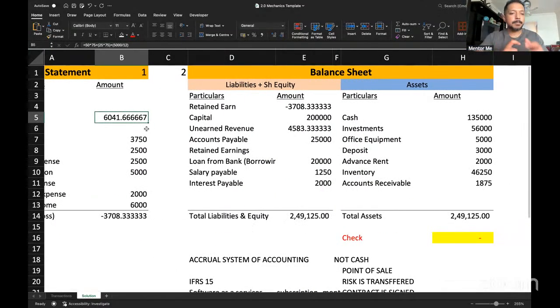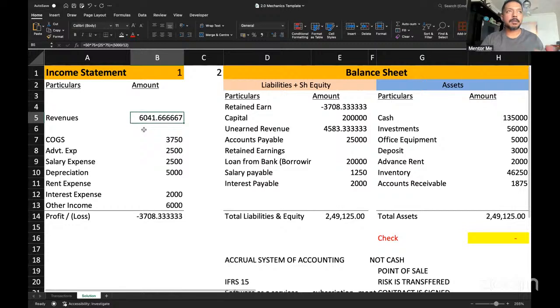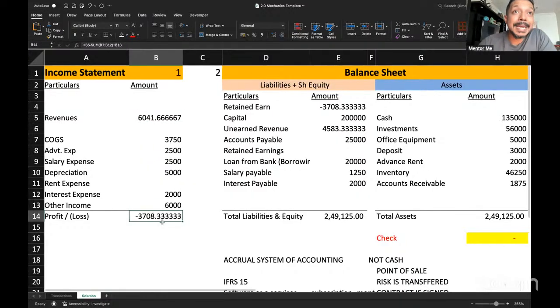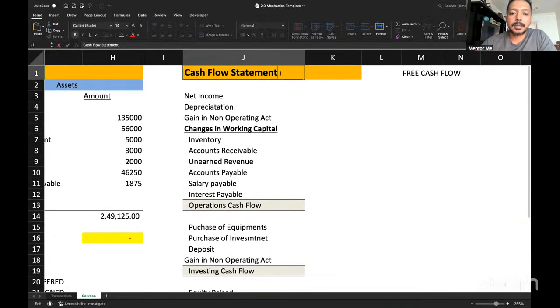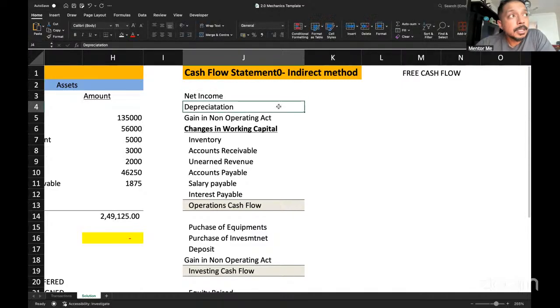Because at every transaction, I have to break down revenue and calculate how much is received in cash, how much is not received in cash. So instead, the standard format of the cash flow statement is to start from net income, the reverse. So it is called the indirect method. Usually this question will not come, but I'm still telling you.